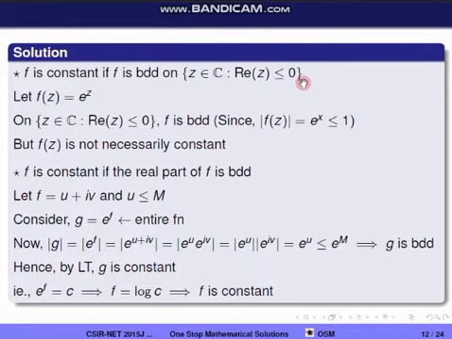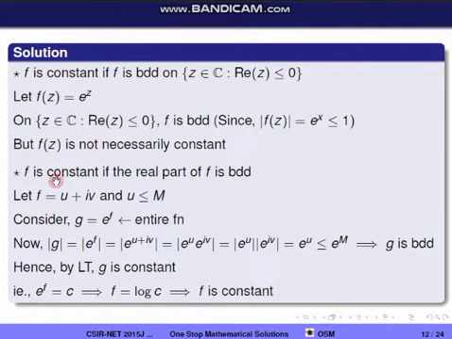So e power x is less than or equal to e power 0, that is equal to 1. So mod f of z is less than or equal to 1. This implies f is bounded. So we are getting f is bounded here, but f is not necessarily a constant because it is e power z. So this option is wrong.